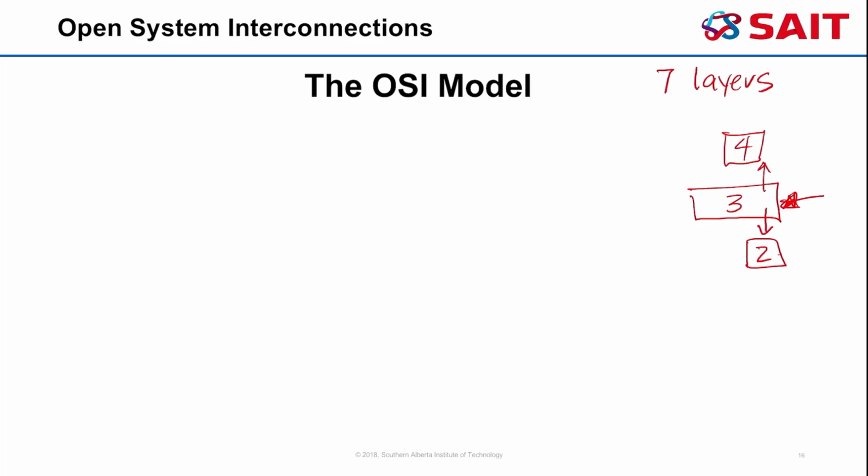You can have layer 2 hardware, and the vendors or manufacturers that are building, designing layer 2 devices only have to concern themselves with 2 other layers. The layer 2 manufacturers only have to look at interfacing with layer 3 or layer 1.